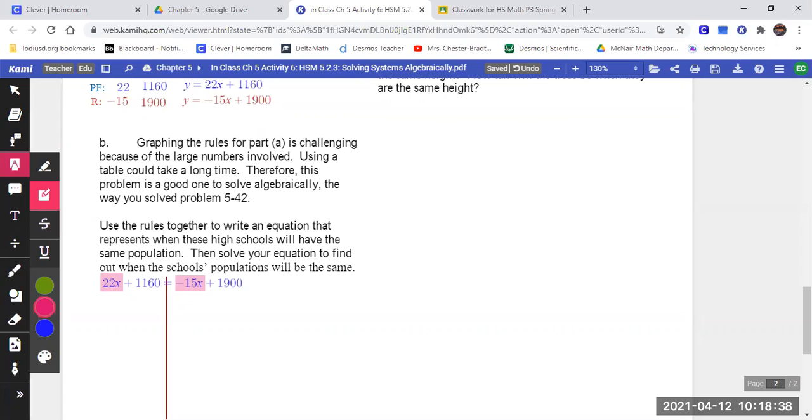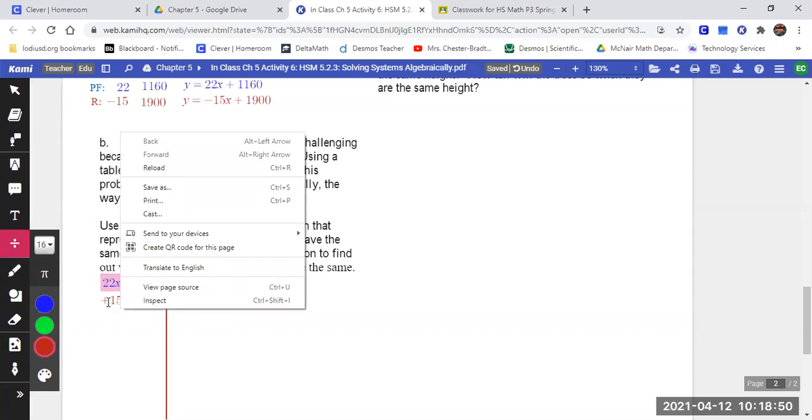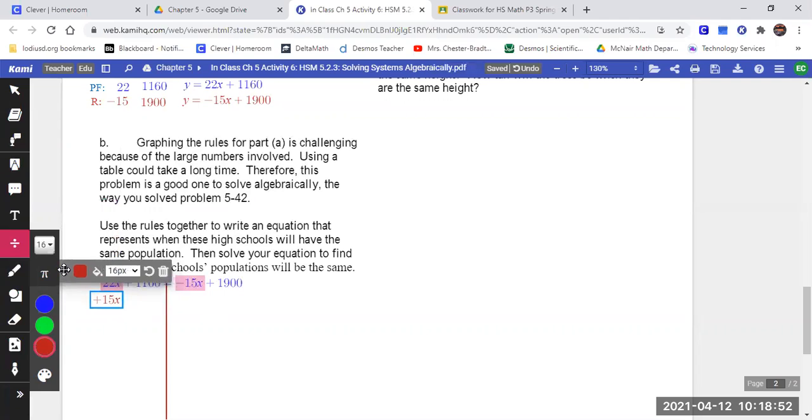Which one's the smallest? Yeah, we're going to have to add that 15x to both sides because negative is smaller than positive. Okay, nice. So add 15x to the left. Whatever we do on the left, we have to duplicate on the right side.